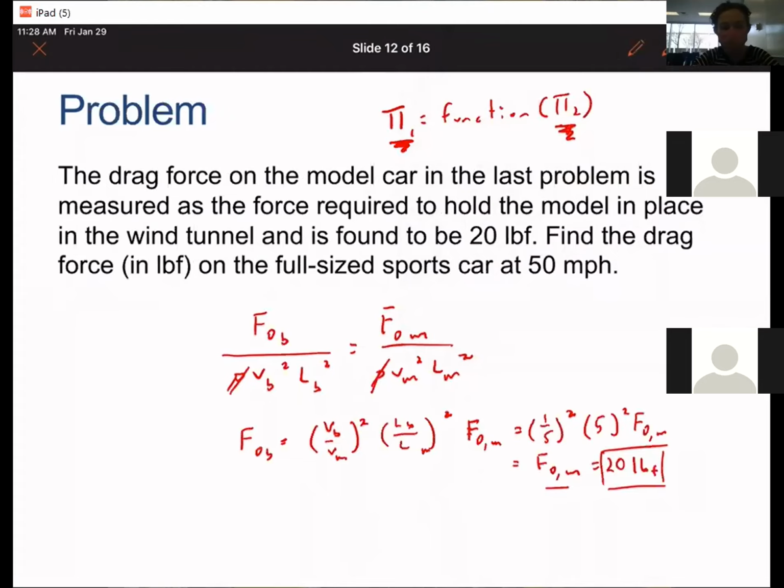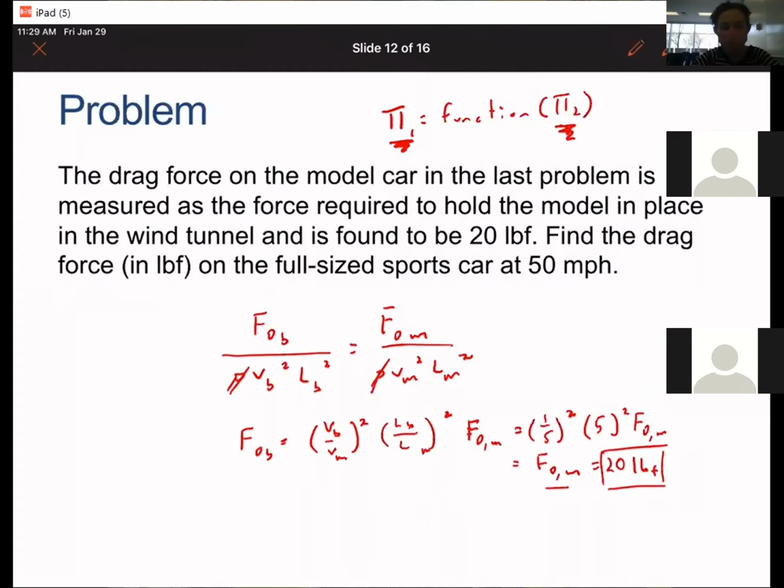Sure. So I guess my question is, would we have done it in the other direction, where we set them so that the drag coefficients are the same and then find the Reynolds number? We could do that. There just wouldn't be a lot of reason to do that, because the drag force on the big one is the thing we're interested in.